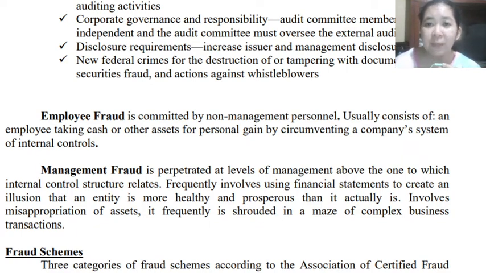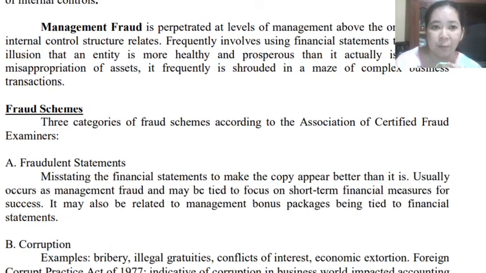The purpose of this is to hide those fraudulent acts that they have committed. But if you are going to audit it or check on its accuracy, for example, then you might uncover that fraud actually exists. Okay, so those are the two types of fraud.